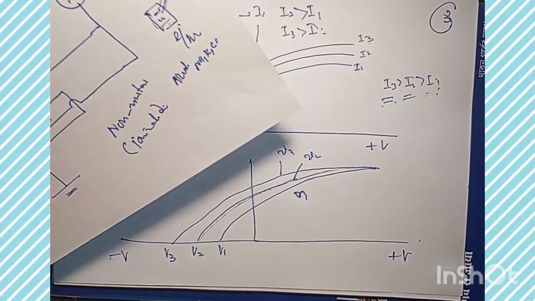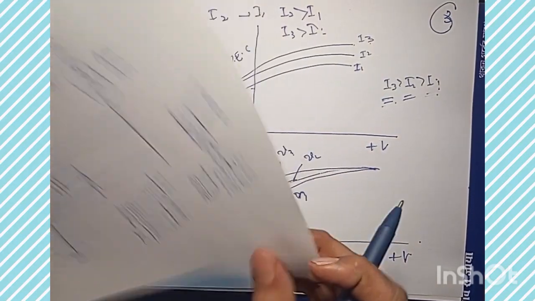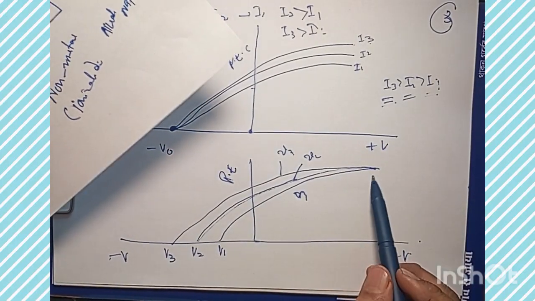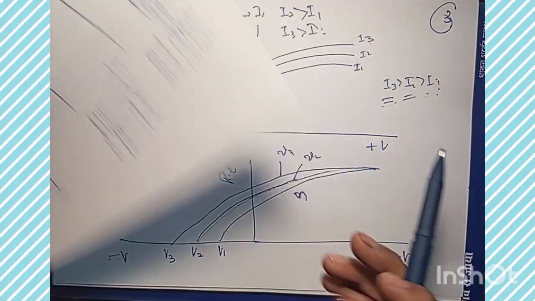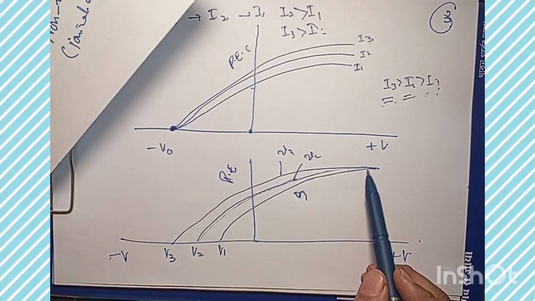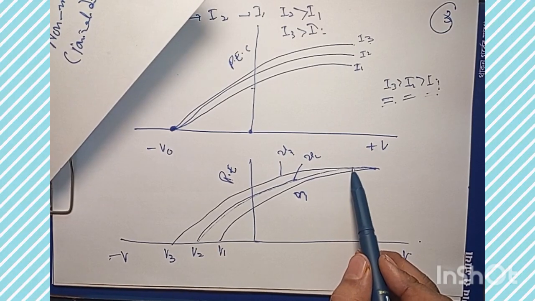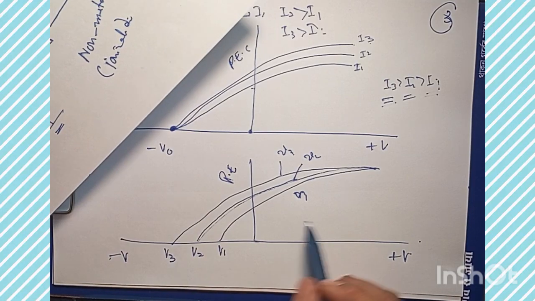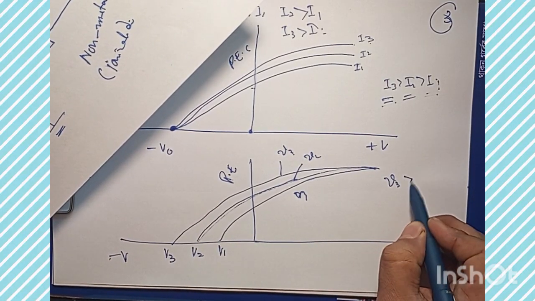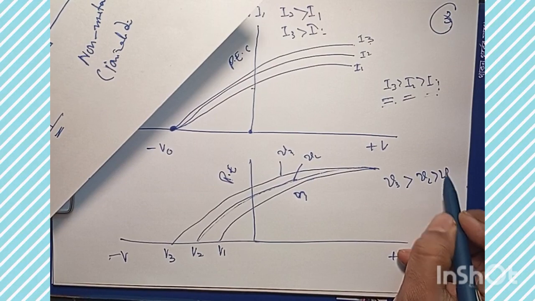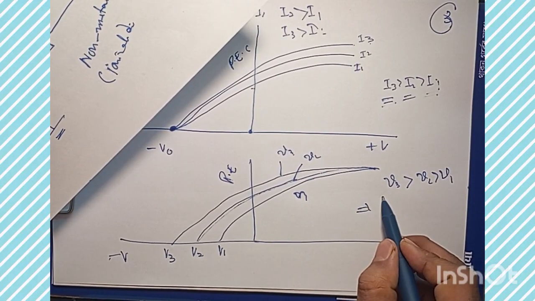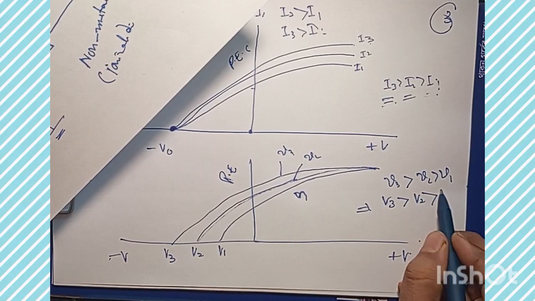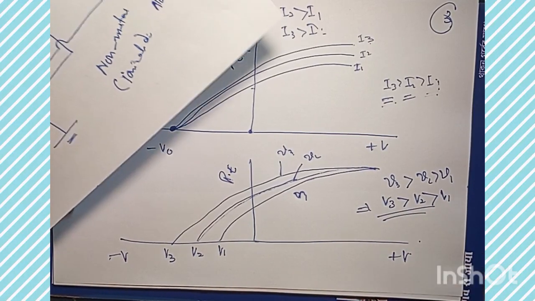This is again my photocurrent. These things can be understood, but as we go on seeing, for the different frequencies we have different stopping potentials. So nu3 is greater than nu2 is greater than nu1, and I find V3 is greater than V2 is greater than V1 in the reverse direction.